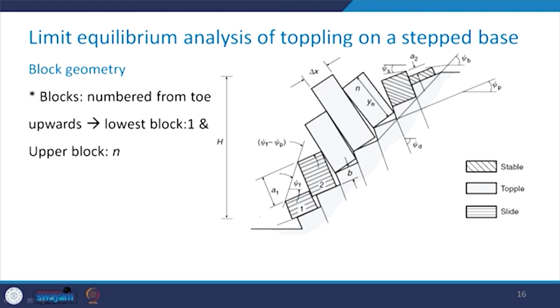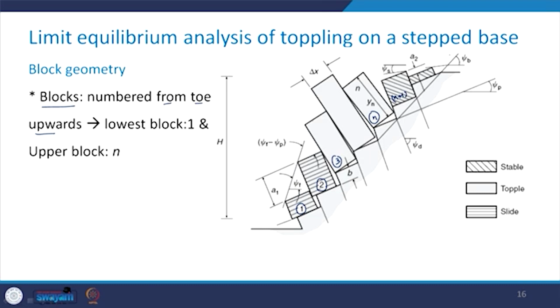Now, when we go for the numbering of the blocks, these are numbered from the toe upwards. That means the bottommost block at the toe will be numbered 1, then going upward 2, 3 and so on. Say this is the nth block and this will be n plus 1 and so on, say m number of blocks are there.